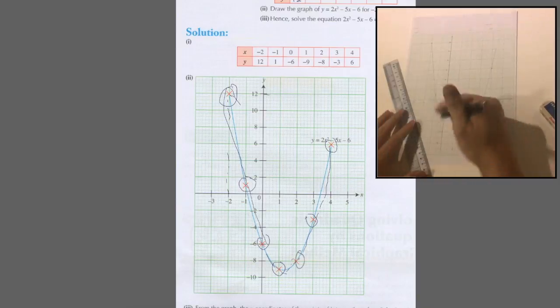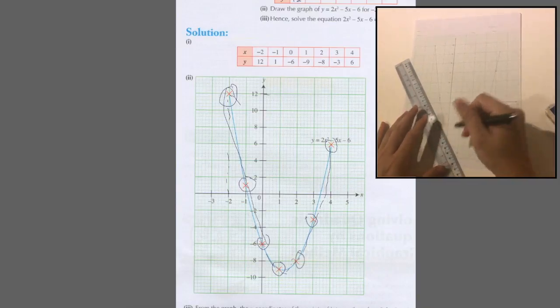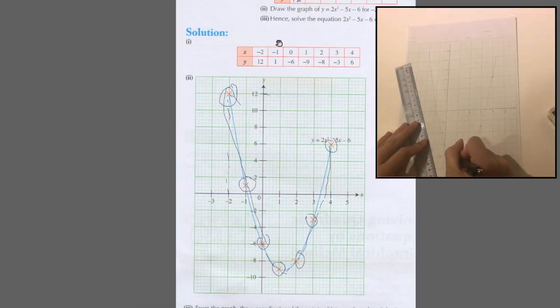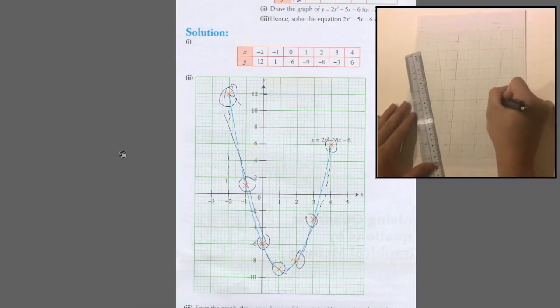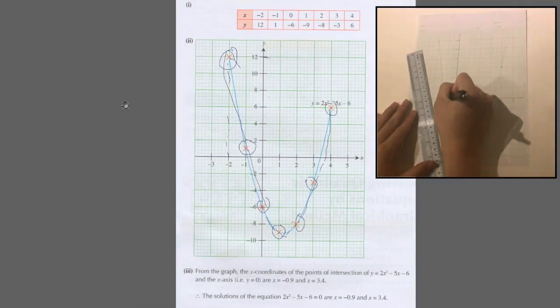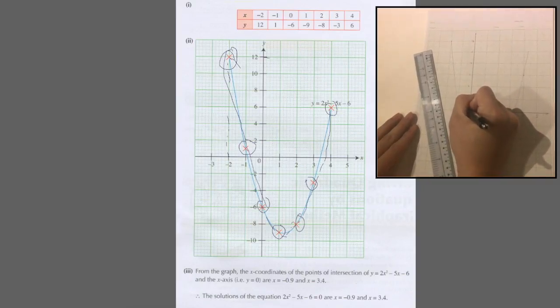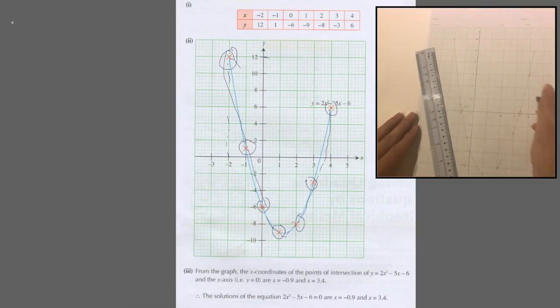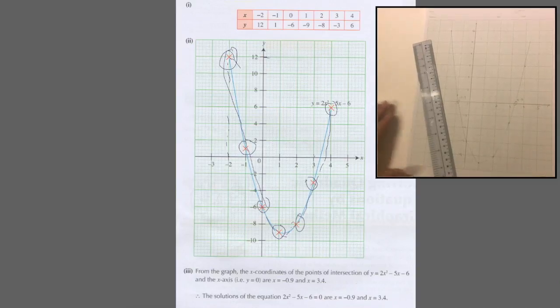Now, the moment you have your curve, you can answer whatever question is being thrown at you. So if they want you to solve the equation, you know, when y is 0, all you need to do is to find out the x values when y is 0, which happens here, right?